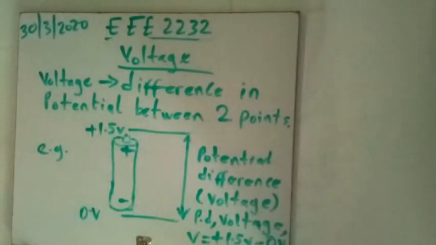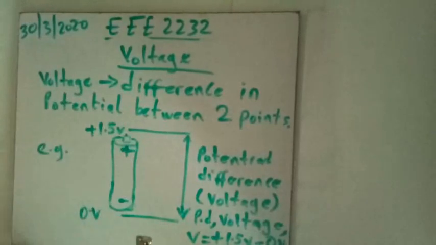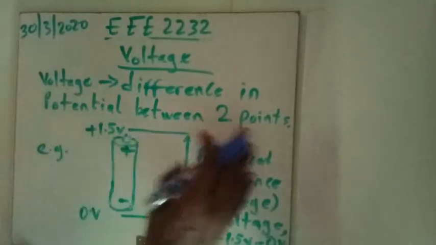So this is the potential difference across a single finger-sized battery. So that is what voltage is basically. It's the difference in potential between 2 points.